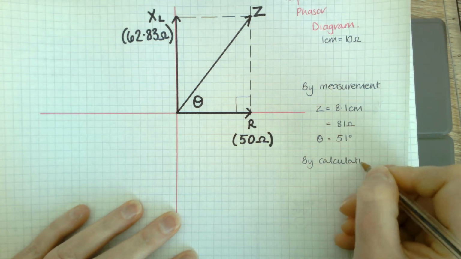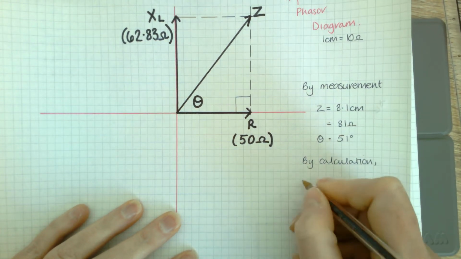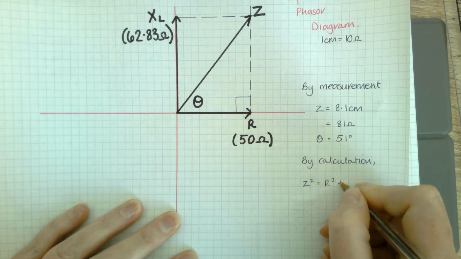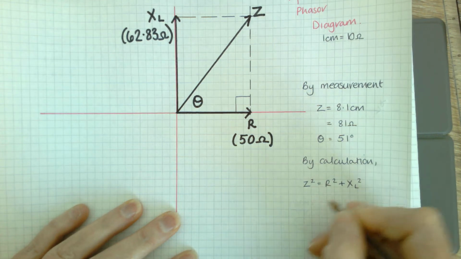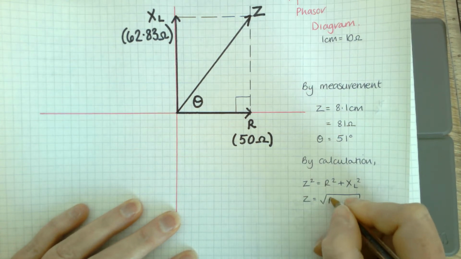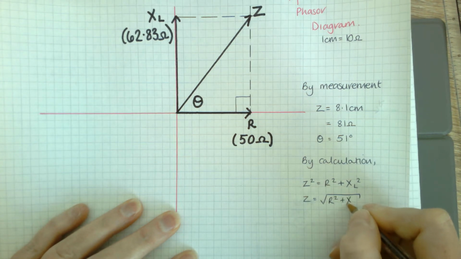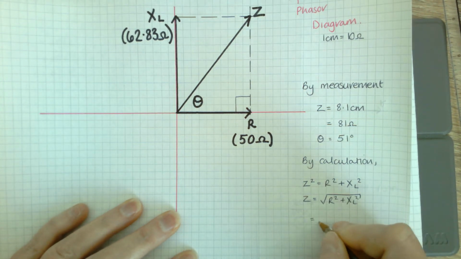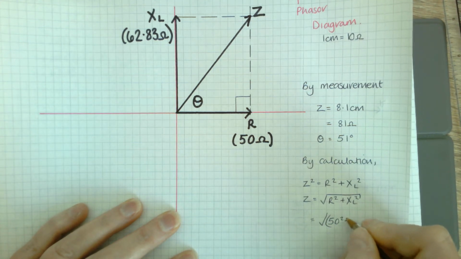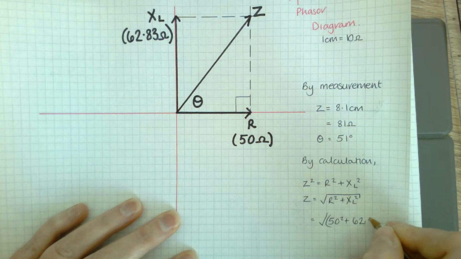So by calculation, you would expect Z squared to be equal to R squared plus XL squared. So Z equals the square root of R squared plus XL squared, the square root of 50 squared, I'll put this in brackets, plus 62.83 squared.